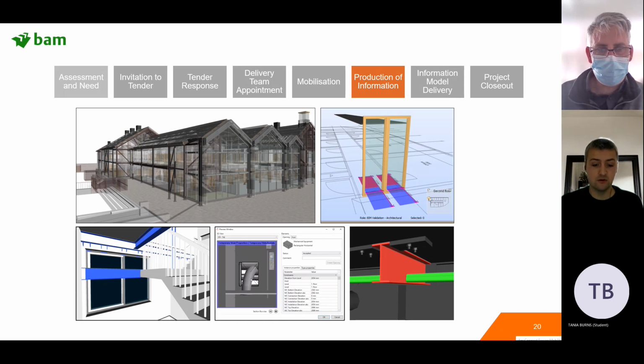There's a process we go through, but the M&E consultant will propose the holes where he needs them, and the structural engineer will open up his model and see all the holes that have been proposed. He'll review them one by one, hit OK, and the hole is produced. What that means is his builder's work drawings have been updated with those holes, so the concrete will be cast with those holes in place.